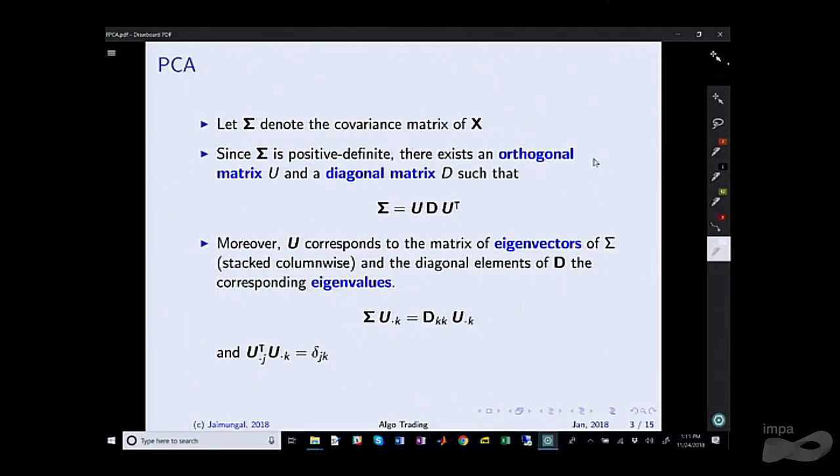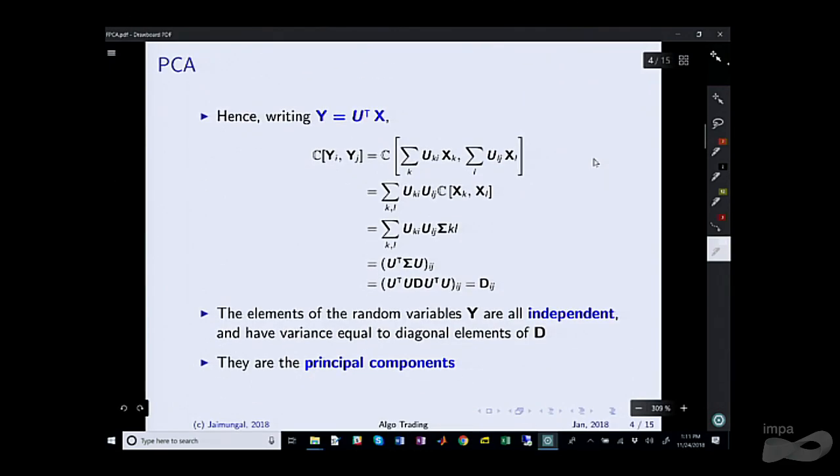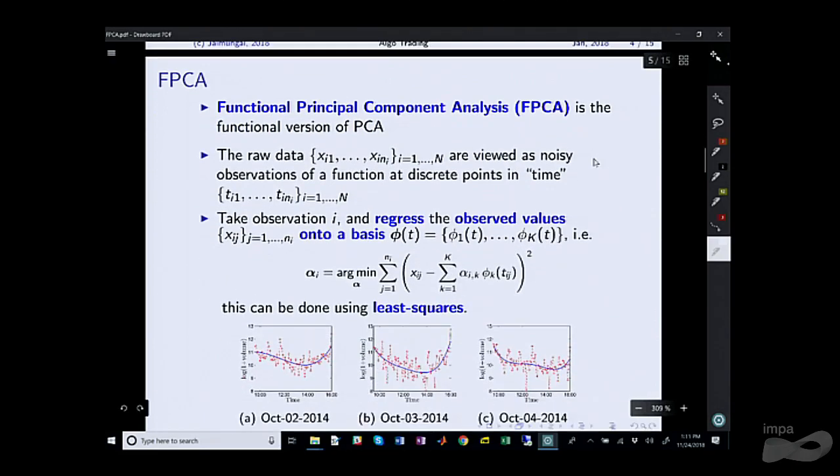So the UKs, the columns of U, will be the eigenvectors, and the eigenvalues will be the diagonal elements of D. And if you create this linear combination of x's to form y's, this vector of y's, and you do the little calculation for the covariance matrix, you end up with covariance of yi with yj is clearly dij. They're independent of one another because D is diagonal. Those are the principal components.